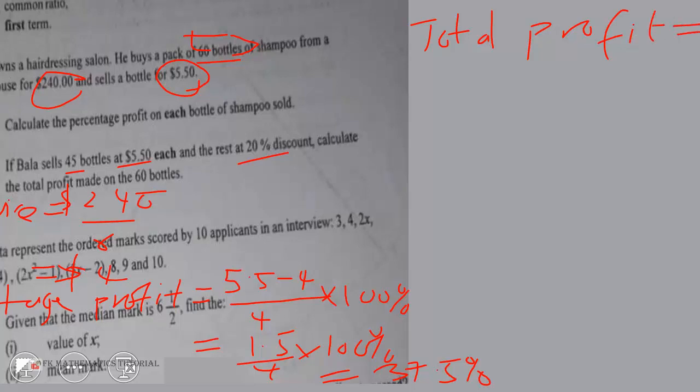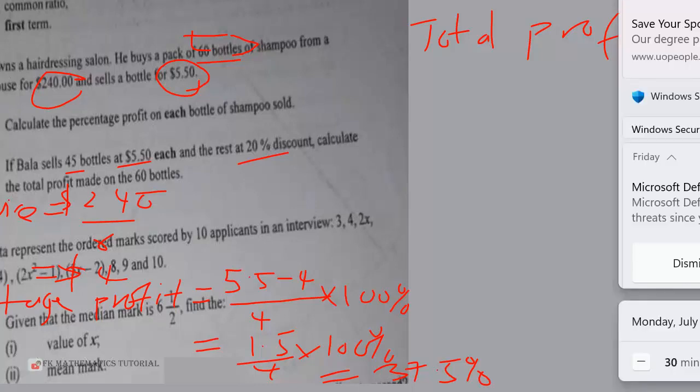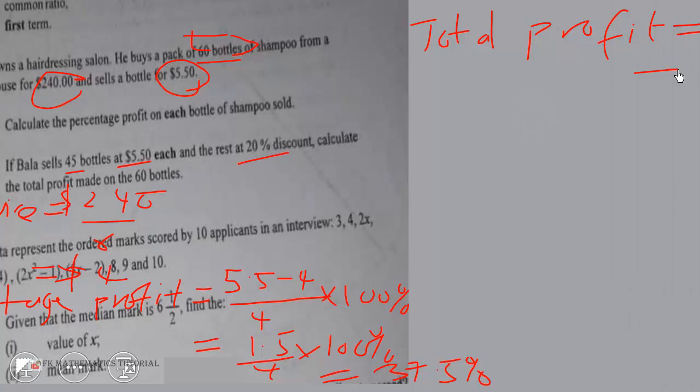So that will be $313.5 minus $240, and that will give us $73.5. Good. So let's go to question number 8.